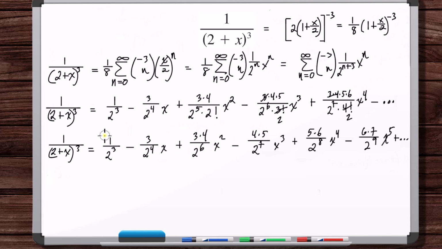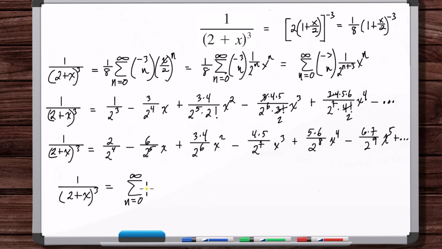Let's make it 2 to the 4th, 5th, 6th. Yeah, there we go. Okay, so now we can clearly see a pattern here. So we've got n equal to 0 to infinity.